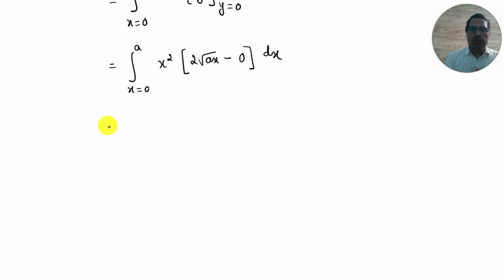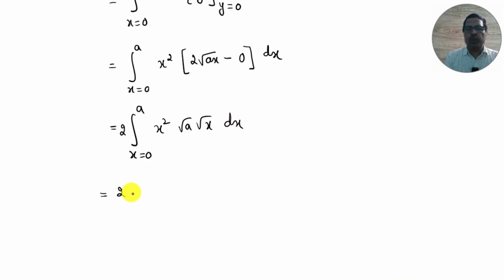Now let us further simplify this. This is integral x is equal to 0 to a. If you multiply 2 root of ax into x square, 2 is a constant, so it is outside. I have x square, and this can be written as root a into root x separately. The 0 you can ignore, times dx.